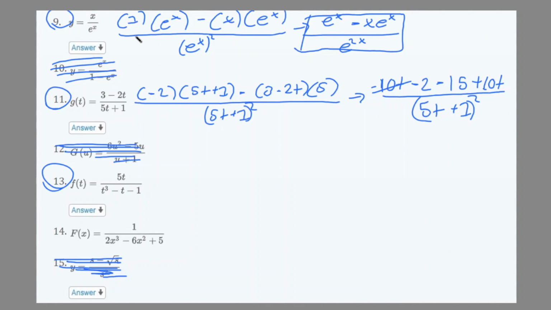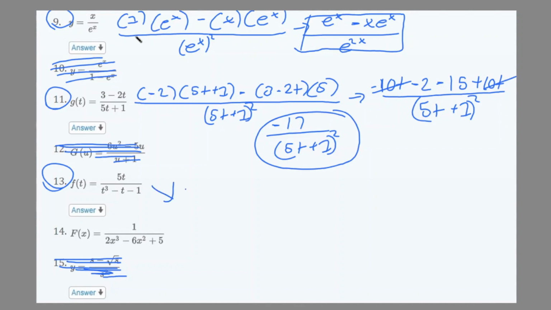We will combine like terms here, in which we'll just be left with -17 over 5t plus 1 squared, which could be our final form answer. A lot of the time you don't need to simplify out the denominator because there's really no point in doing that, since it won't give you a smaller answer.